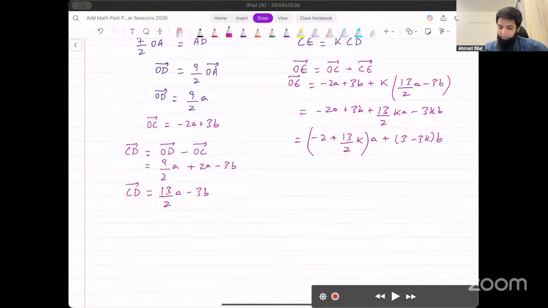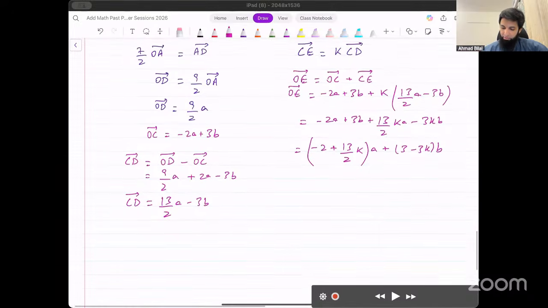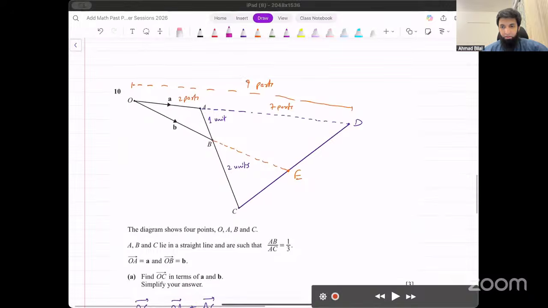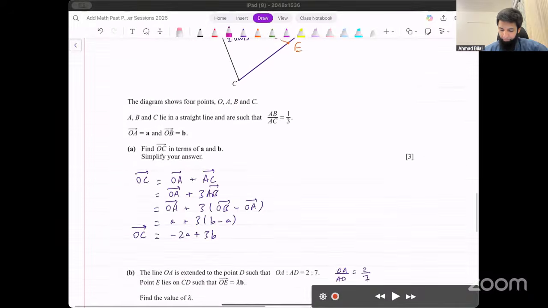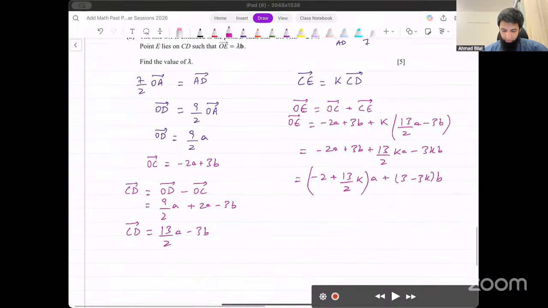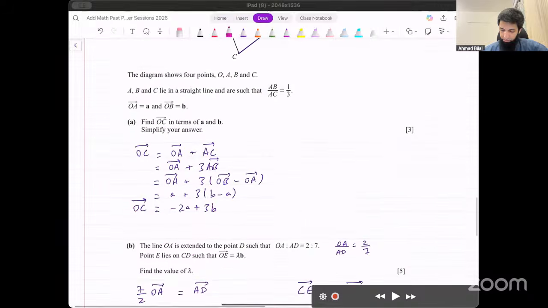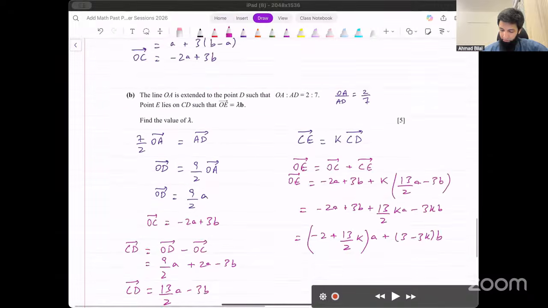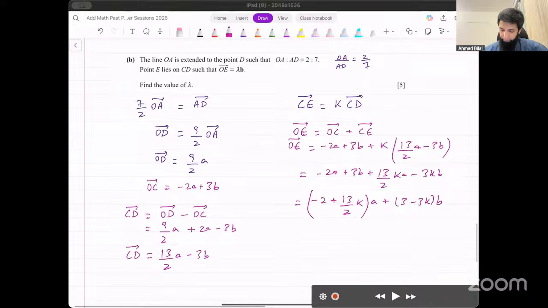Won't it be CE? CE. What exactly? Let me check again. CE is equal to K times CD. Are you saying this must be CE?